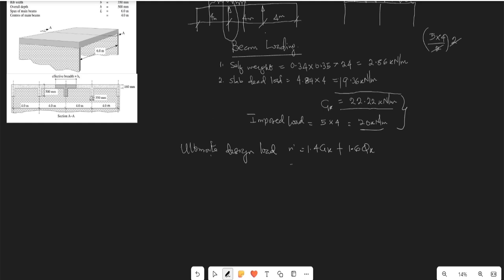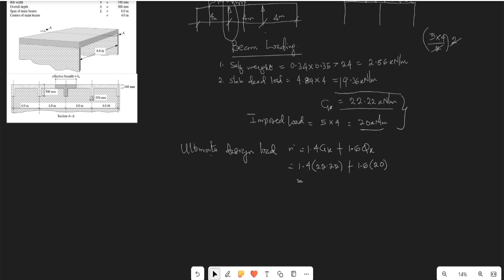All right, so we have 1.4 multiplied by 22.22 plus 1.6 multiplied by 20. What do we have?